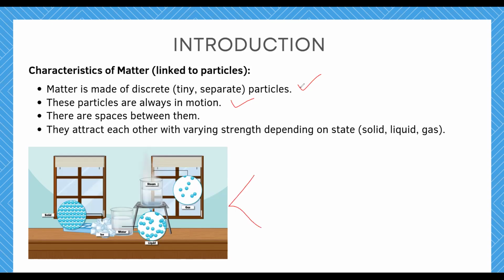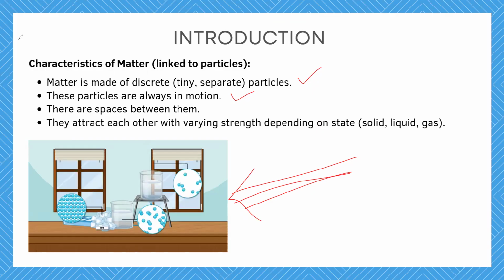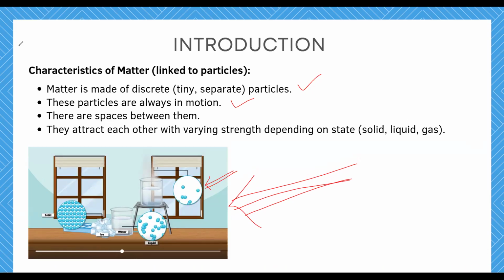You can see this illustration that I have on this part of the screen. Can you see it? Yes, sir. All right, let me load it one more time. You can see that the particles are moving. For the liquid over here, you can see the particles are moving. And for the solid, sir. Good. For the gas, you can see the particles are moving faster than for the liquid. And then for the solid, you can see the particles are stuck in one position.